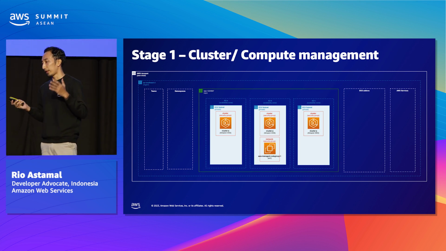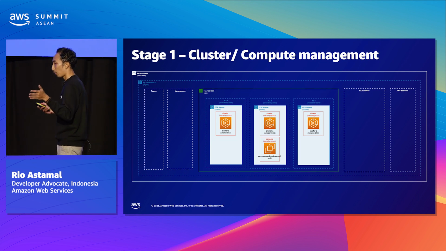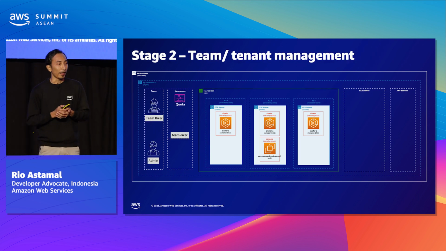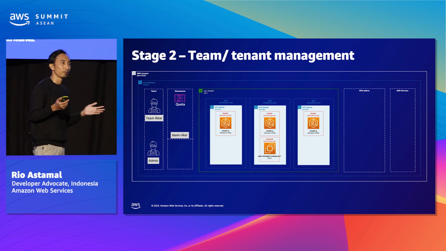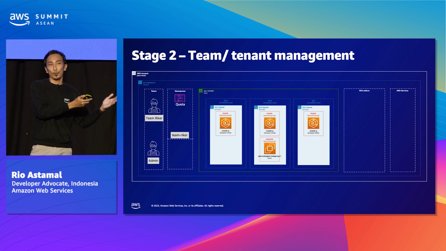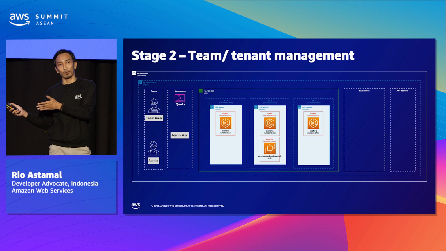In this section, I will create the VPC, subnets, and the cluster for the worker nodes. And then I will show you how you can create multi-team: a platform team who manages the cluster and an application team who manages the app.